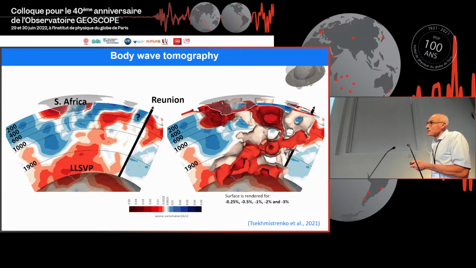That's also why we propose that it could be related to instabilities starting from the lowermost mantle and going upward, feeding the different hotspots and detaching at different times in space at the lowermost mantle.